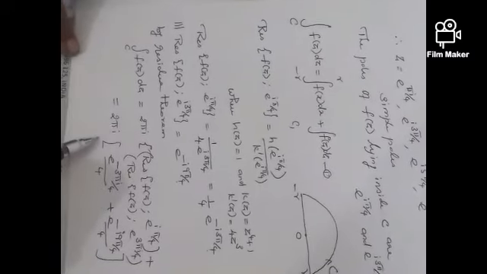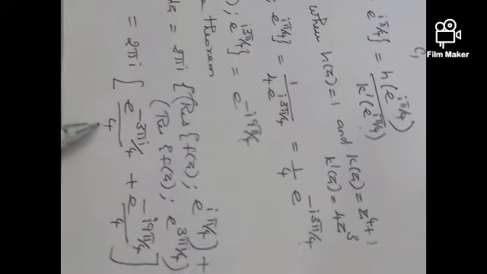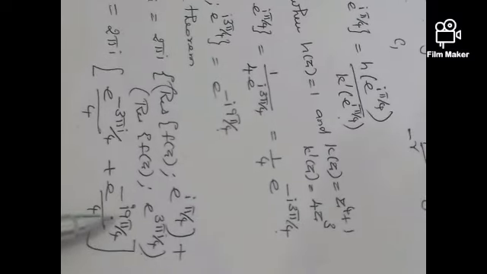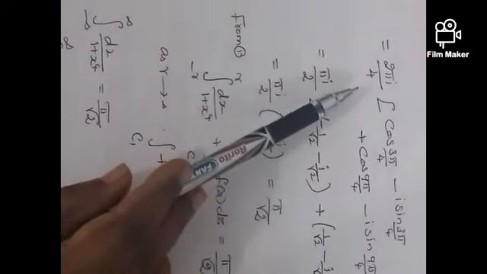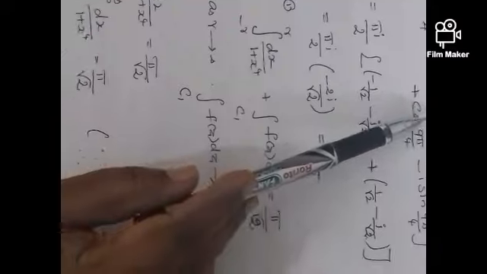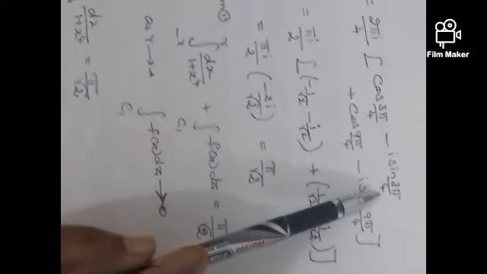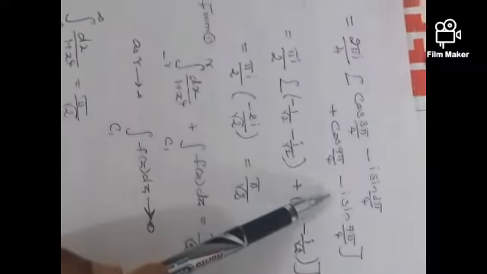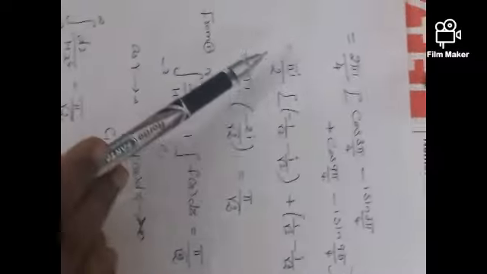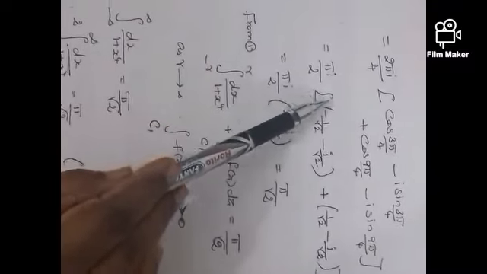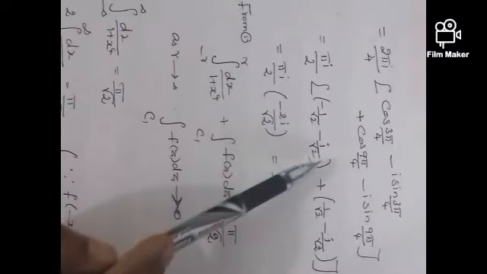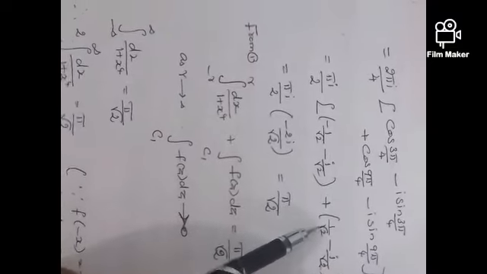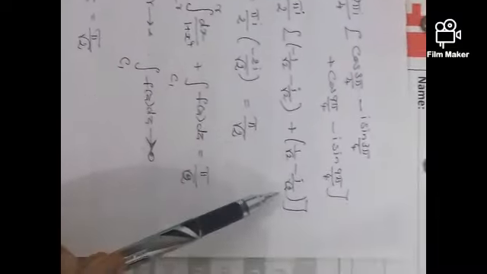This is equal to 2 pi i of e power minus 3 pi i by 4 divided by 4 plus e power minus i 9 pi by 4 divided by 4, equal to 2 pi i by 4 of cos 3 pi by 4 minus i sin 3 pi by 4 plus cos 9 pi by 4 minus i sin 9 pi by 4, equal to pi i by 2 of minus 1 by root 2 minus i by root 2 plus 1 by root 2 minus i by root 2.